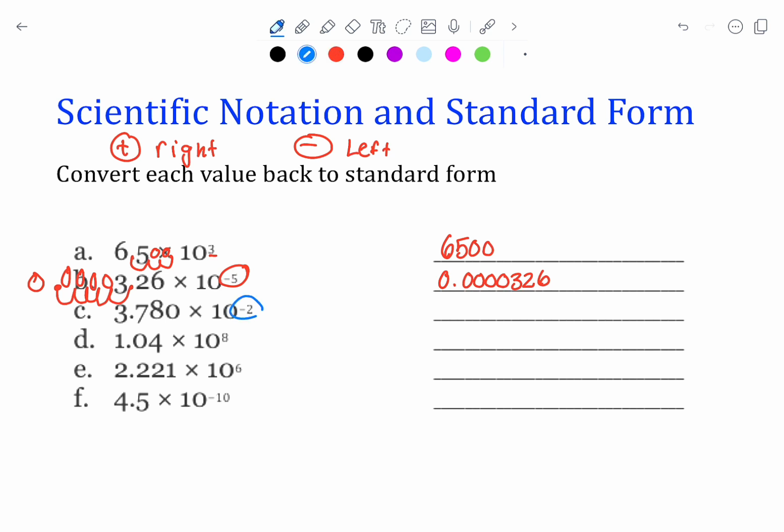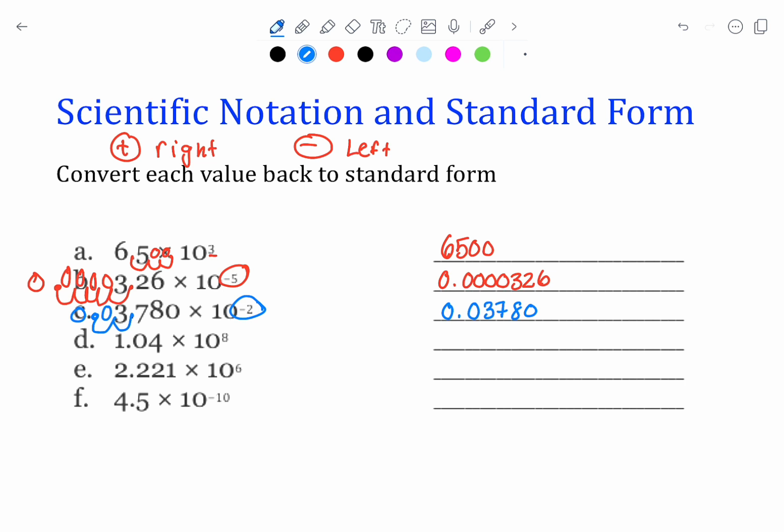Next up, another negative. It's 2, so we go 1, 2. There's my new decimal. Put a 0 out in front. We're going to fill in that blank with a 0, 0.03780. Now, if you wanted to check your work, if you wanted to make sure the number you wrote is the same as what you just converted it from, use your rules from when you went from standard form to scientific notation to check.